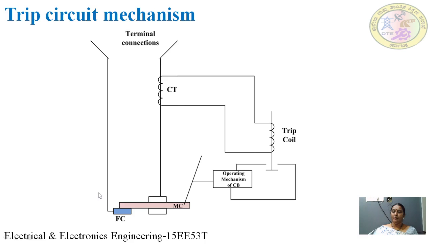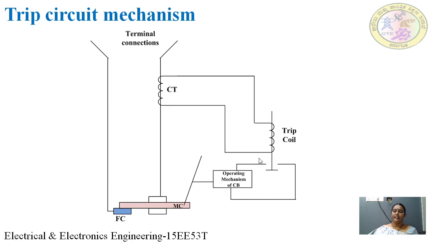That medium may be air, oil, SF6, vacuum, etc. Here, the terminal of the circuit breaker is connected to the primary, and the secondary of the current transformer is connected to the trip coil circuit, and the trip coil circuit contacts are connected to the relay coil circuit.